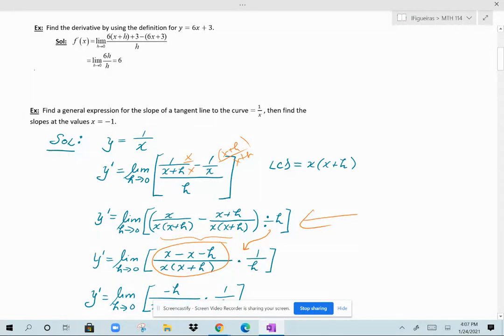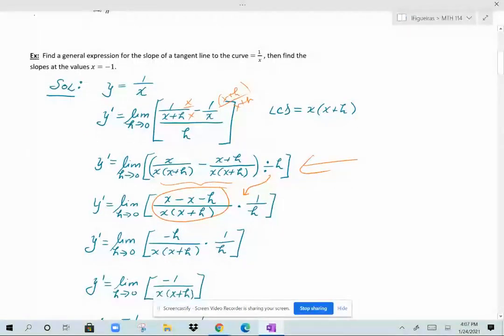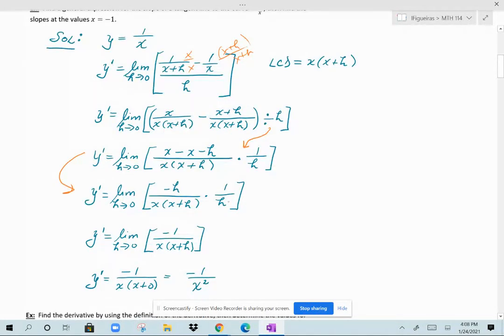Okay, so now you can see that from this line to this line, the x's cancel, so these two cancel. So I'm just left with negative h over x times x plus h times 1 over h. But then the h's will cancel. So this h cancels with this h. So I'm left with this line.